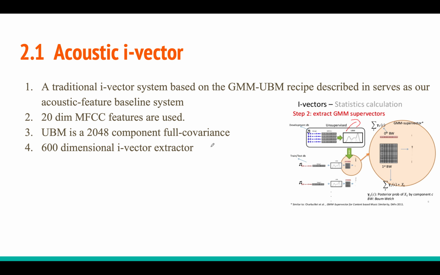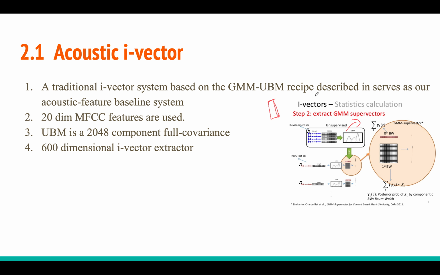You can use a total variability matrix to convert that and get this iVector, which is of small dimension, and also captures the speaker and channel variability, right? That is the whole idea of iVector extraction.